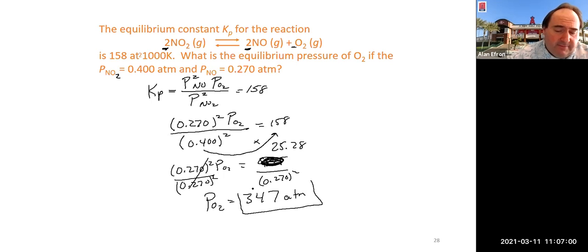We do need units because it is a pressure. Atmospheres are needed in this case because this is not an equilibrium constant we just calculated, but a value of pressure, so we do need those atmospheres there.